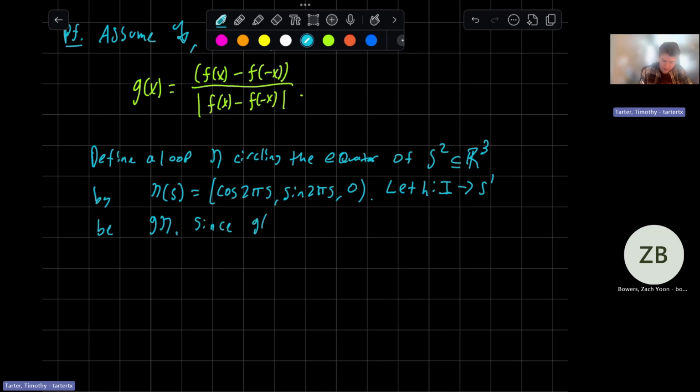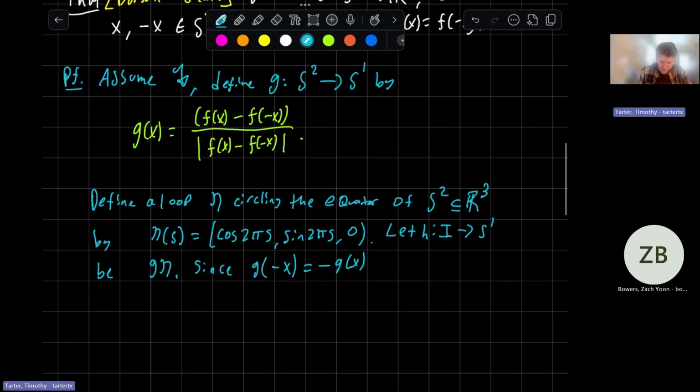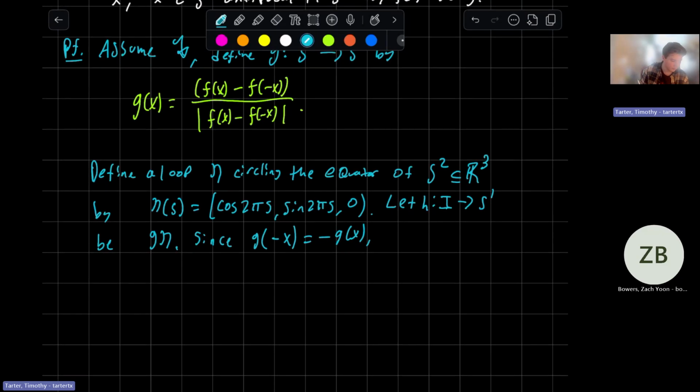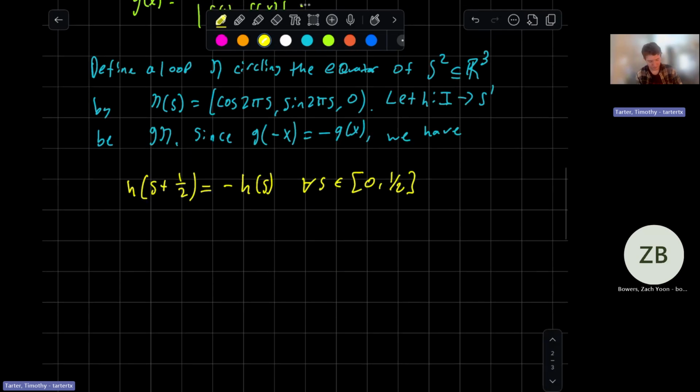Since g of minus x is equal to minus g of x, we have the relation h of s plus 1/2 is equal to minus h of s for all s in the interval from 0 to 1/2. How the hell?